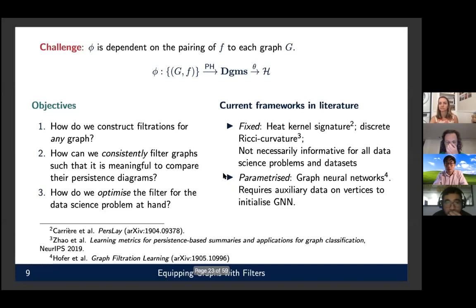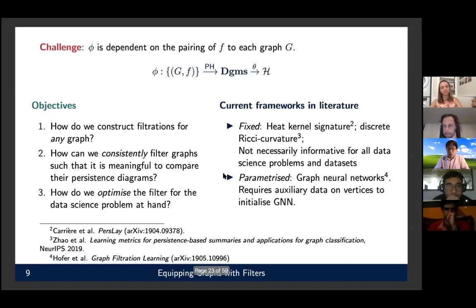What we try to do here is bridge the two current paradigms. So we have something that does not need an initialization, but also has a bunch of parameters that we could play around with. Our paradigm is a generalization of the heat kernel signature used in the PersLay paper. And in fact, the heat kernel signature, as an aside, has been used to analyze discrete triangulations of manifolds and so on.